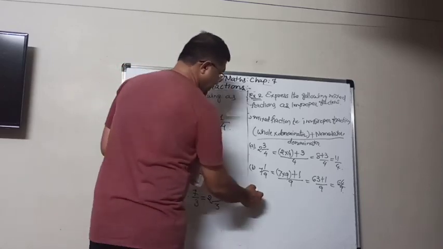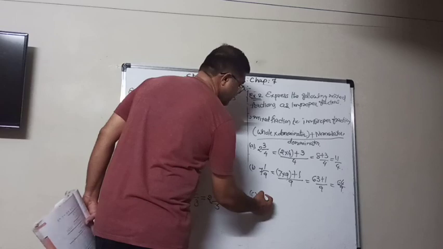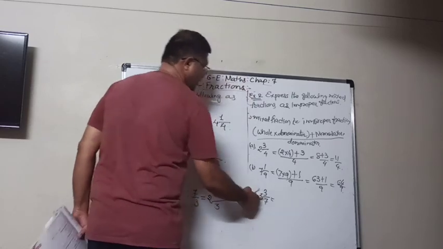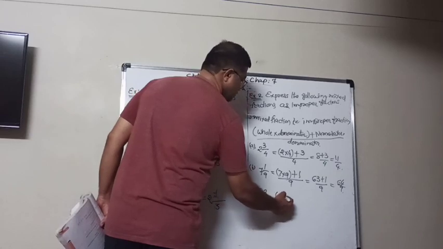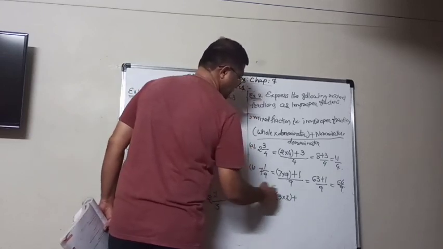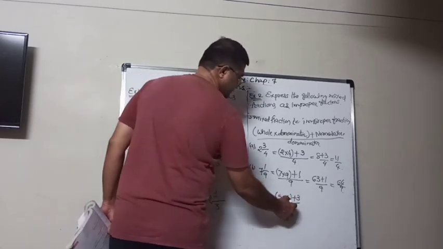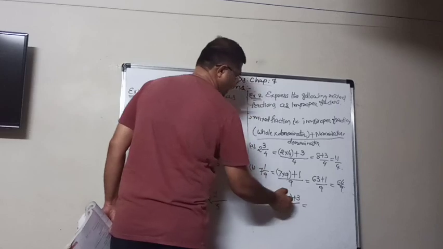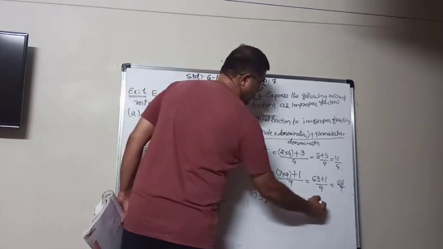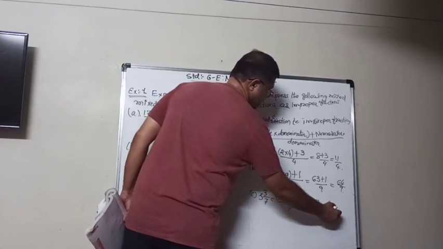Let's take the last one. 5 integer 3 upon 7. So whole is 5 here. So 5 multiplied by denominator 7 plus numerator 3 upon 7. So 5 7s are 35 plus 3 is 38 upon 7.